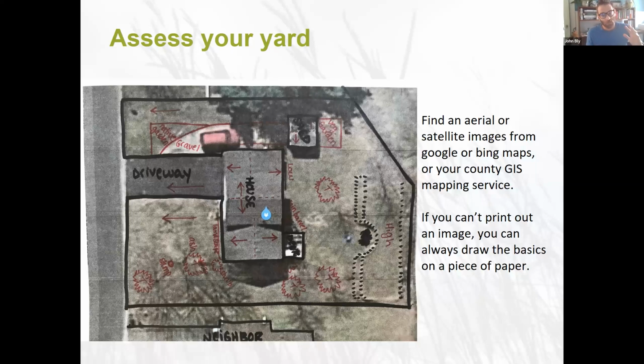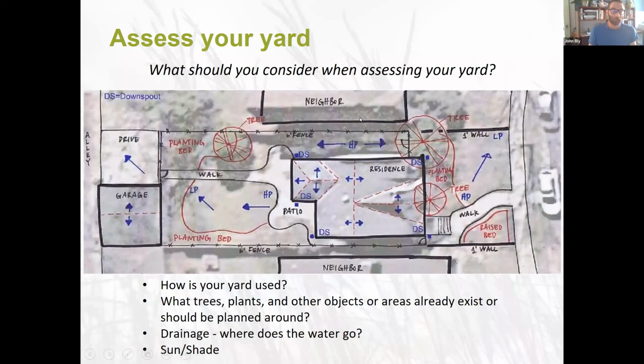And then you want to note how you use the property and what you see happening on the property. So beyond sidewalks, are there paths that you use to get to the garage or around the yard that you don't want to fill with 6 foot tall native plants?